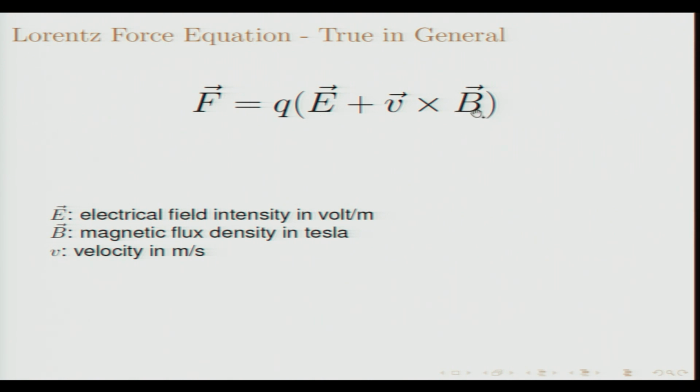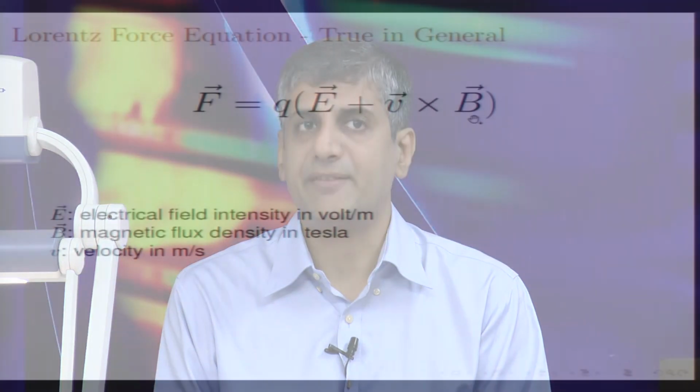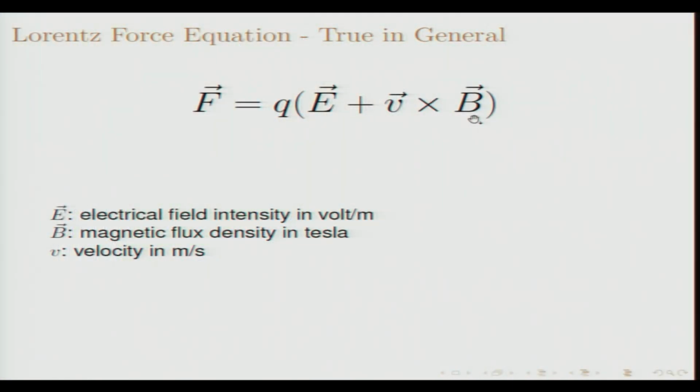So, now instead of a direct action at a distance formula, you have a kind of indirect way of writing the forces. That is, in case your electrical field at a given point is E and the magnetic flux density at that point is B, both are vectors, and if you put a test charge q there, it will experience a force which is given by this equation.